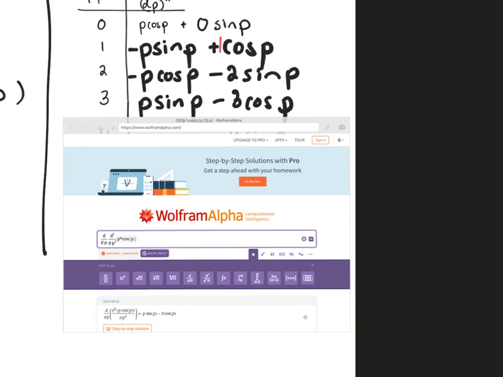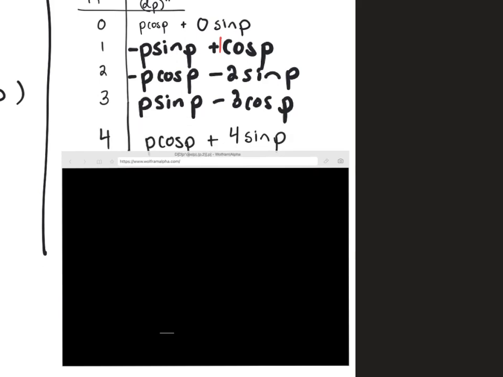And right down here, we can see that that is giving us p sine p minus 3 cosine p. Now it switched to this notation here, which means partial derivative. We don't need to worry about it switching to that notation. The partial derivative for what we're doing right now will be the same as the regular derivative.